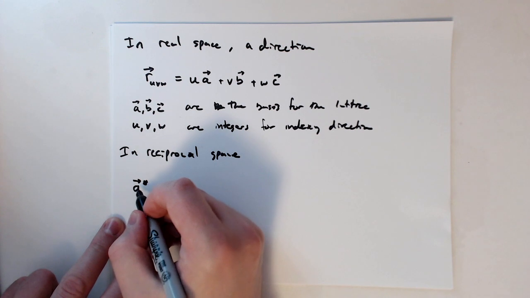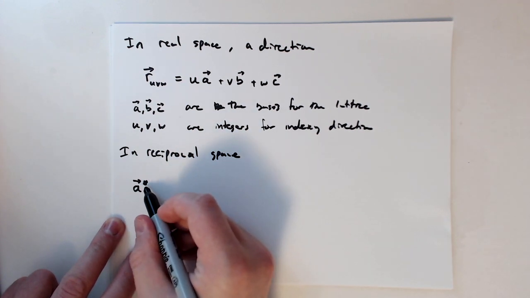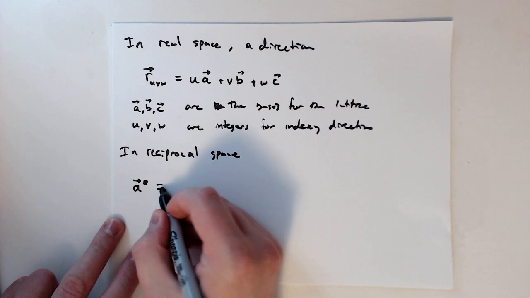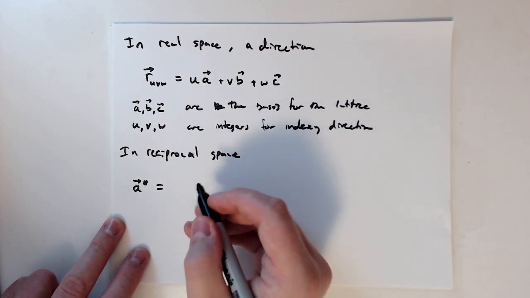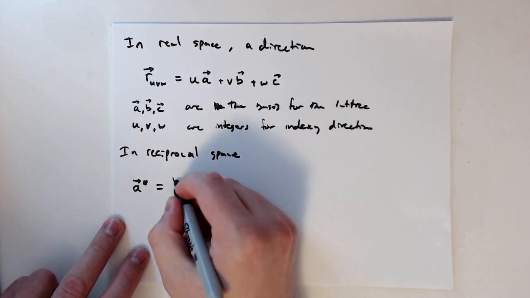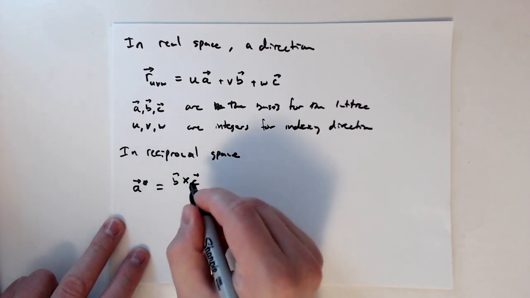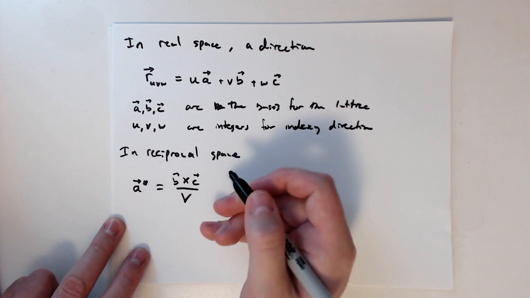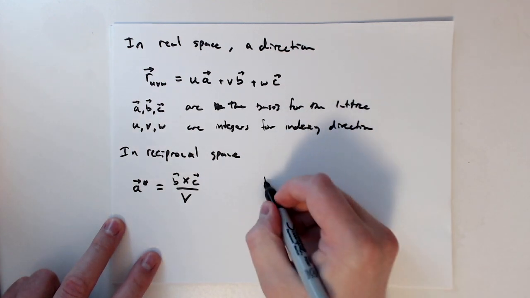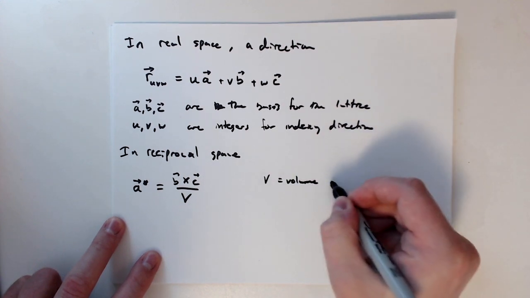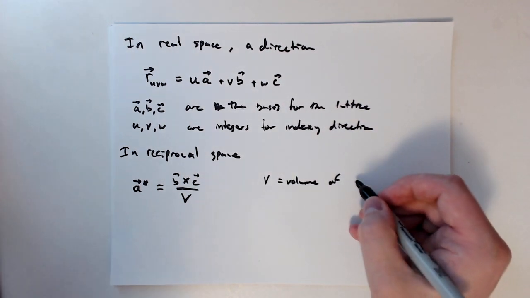So the A with the arrow means vector, and then the star means that we're in reciprocal space. So anytime you see the star, that's going to be reciprocal space. So we can define this by its real space components. So it is the B vector cross the C vector over V. And here V is the volume of the unit cell.